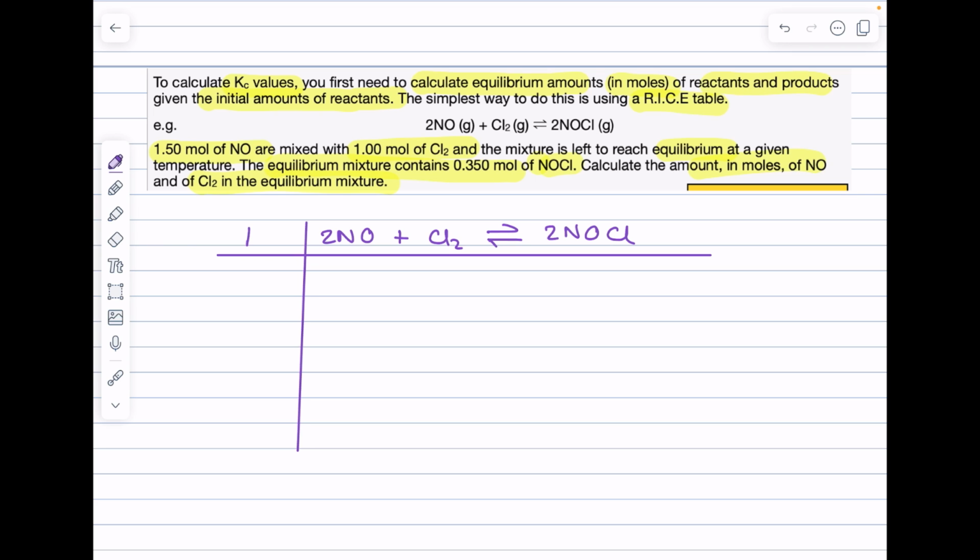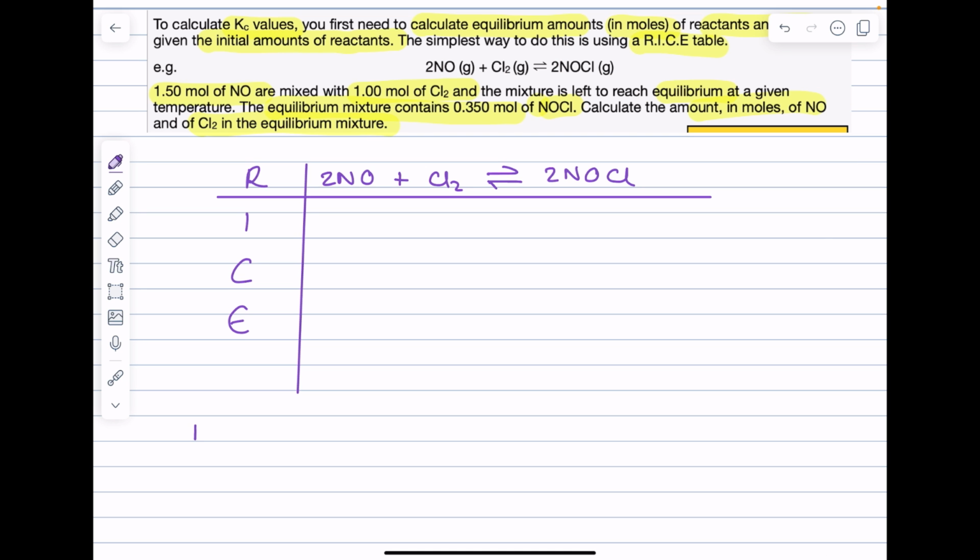So R stands for your reaction equation, so that's what I'm going to label that as being. Then we have ICE. Underneath I'm just going to list what RICE stands for. So R is your reaction equation. As you can see, I've already written that in the table above. I stands for your initial moles, so what you start with.